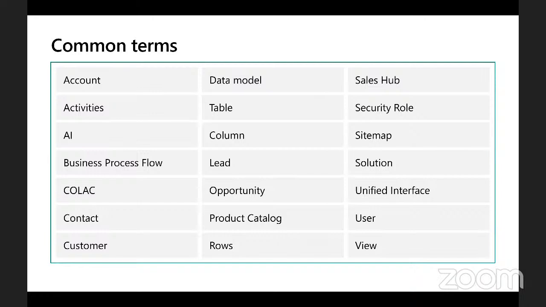We also have the data model. In terms of the data model, you're now talking about what lies behind the system. When you talk about the data model, we're talking about the relationships between opportunity, the relationship with the lead, the relationship with the contact, customer.